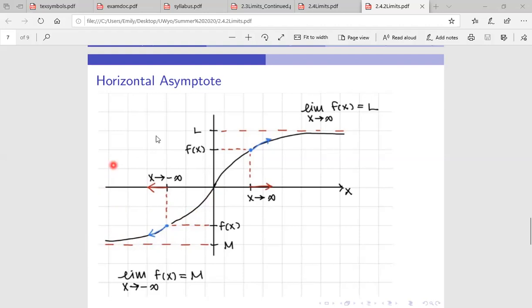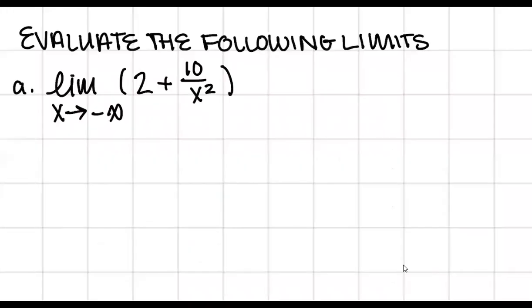So let's go ahead and do a couple examples. First example is going to be the limit as x approaches negative infinity of the function 2 plus 10 divided by x squared.